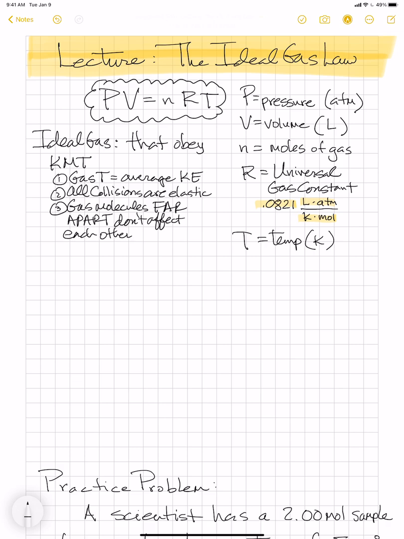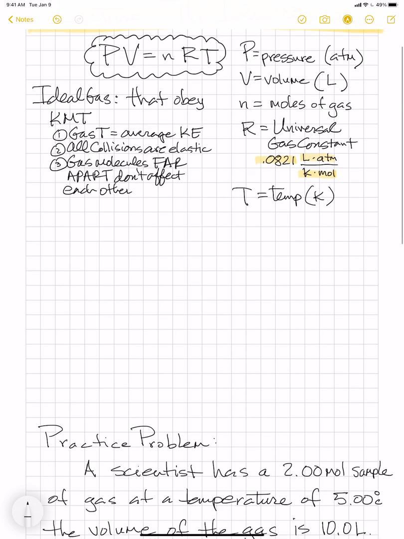Now, that was a long explanation of why you can use the ideal gas law. And using it is the next step. So let's get into it, all right? Why would we use it? Well, we would use the ideal gas law if we knew some things about a gas and we were missing a piece of information.